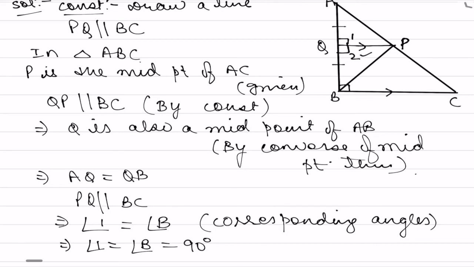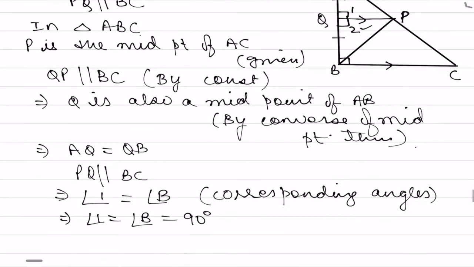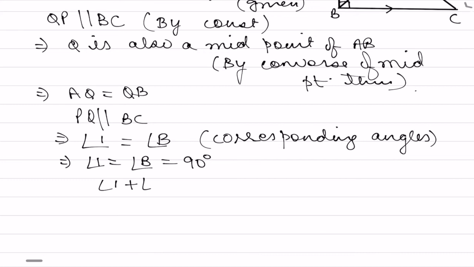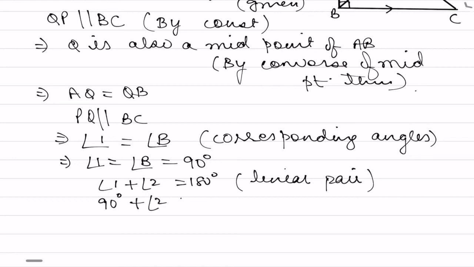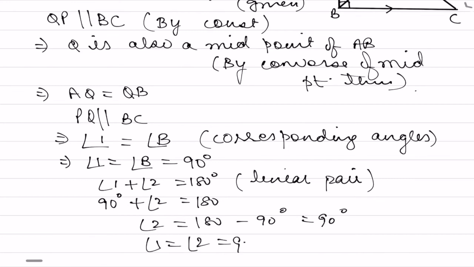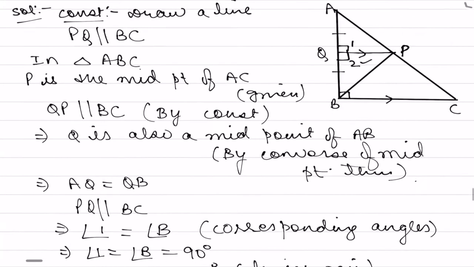Similarly, by linear pair, we can prove that angle 2 is also 90. So angle 1 plus angle 2 is 180 because it's a linear pair, or you can say the straight line angle. So angle 1 is 90, that means angle 2 is also 90. So we can say that angle 1 and angle 2 both are equal to 90.